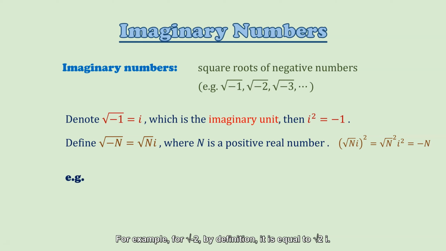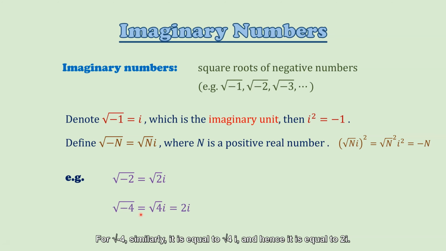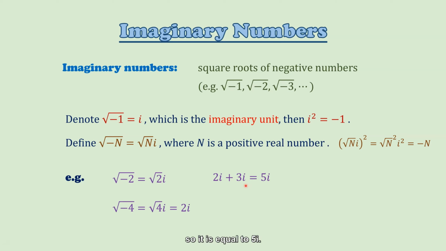For example, for root minus 2, by definition, it is equal to root 2 times i. For root minus 4, similarly, it is equal to root 4 times i, and hence it is equal to 2i. For 2i plus 3i, we can just group the like terms as usual. So it is equal to 5i.